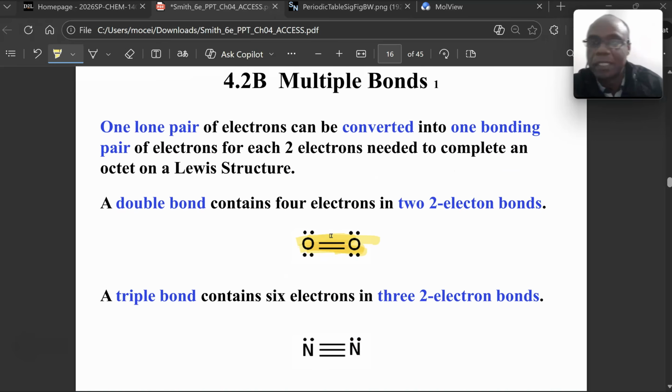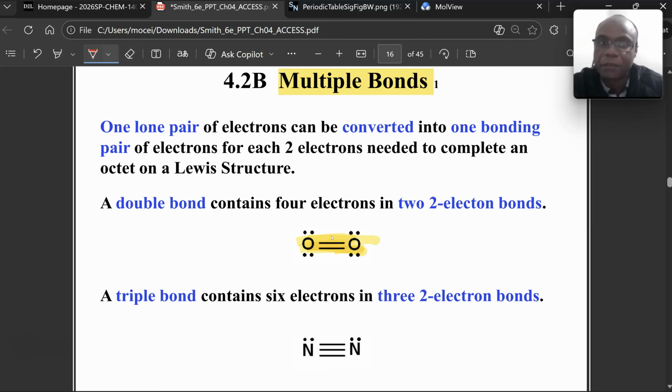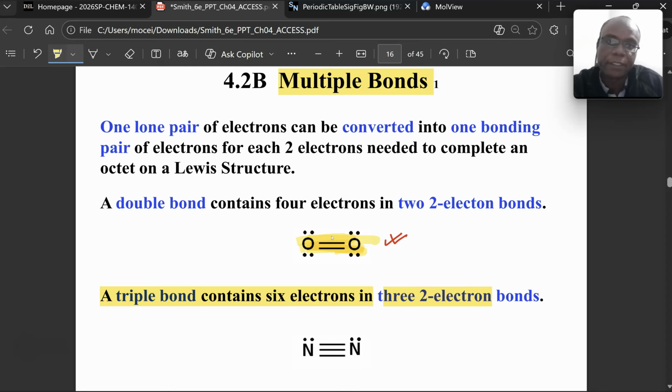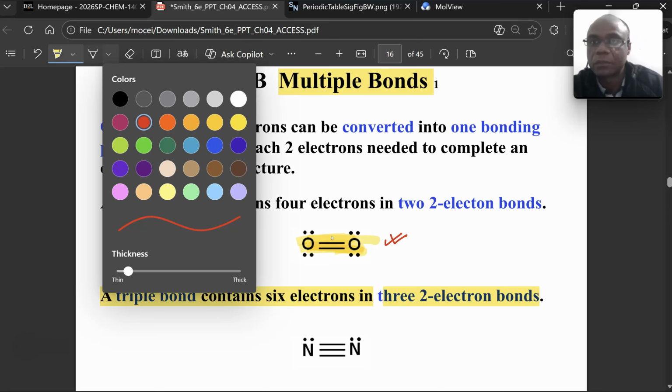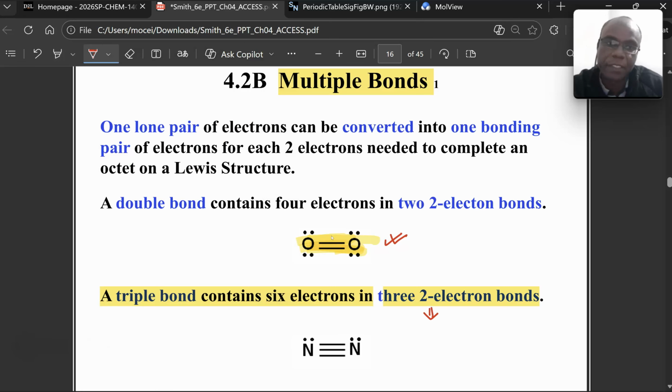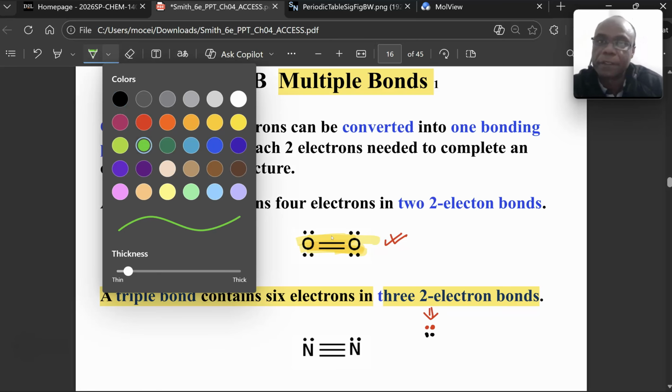Now, back to the case of multiple bonds in drawing Lewis structures. I've shown you how the double bond can come about. A triple bond is the other case. It contains 6 electrons in 3 two-electron bonds. So what this is telling us here, 3 two-electron bonds, it means that you have 3 pairs of electrons shared.